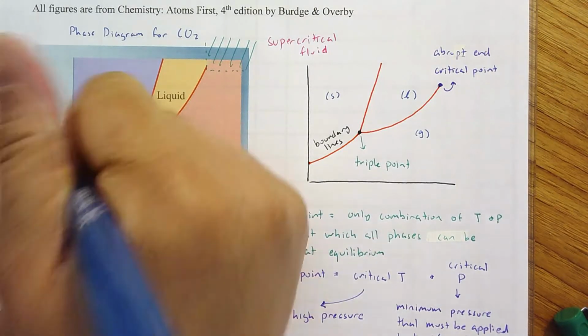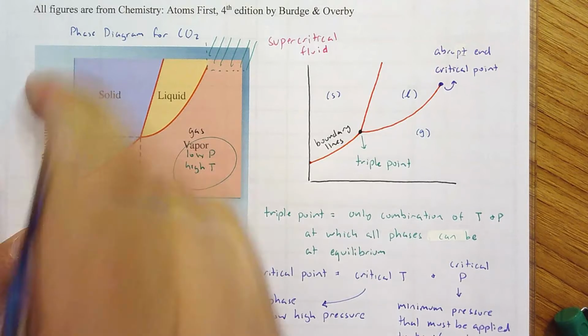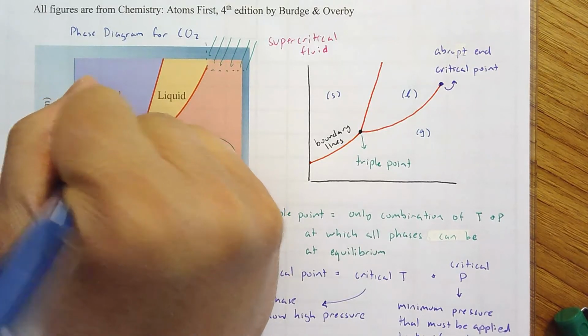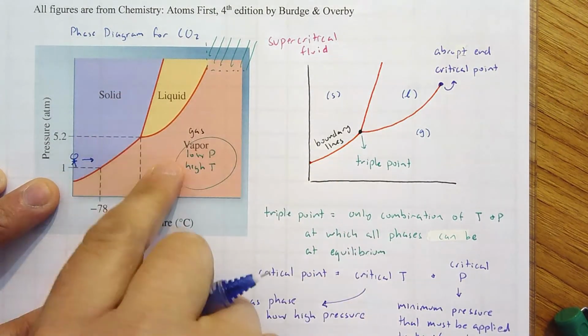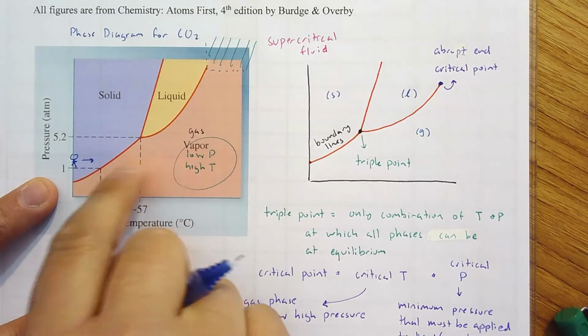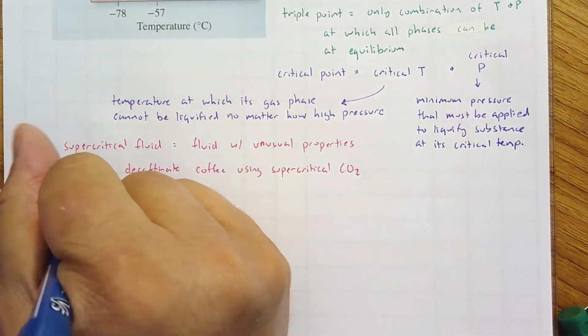At 1 atmosphere, at very low temperatures, CO2 is a solid. But as that person walks, you notice that the boundary line they cross is the solid-gas boundary line. There's no liquid.